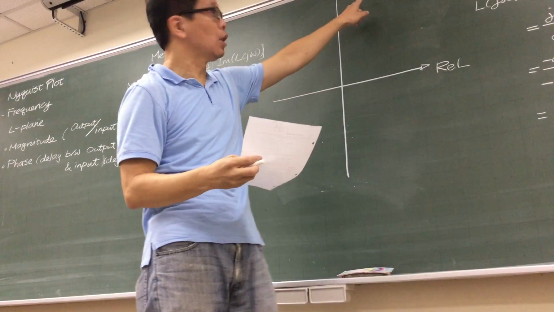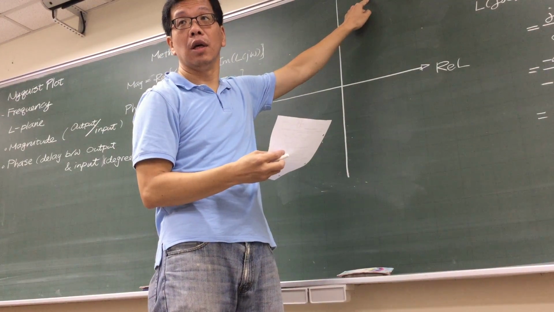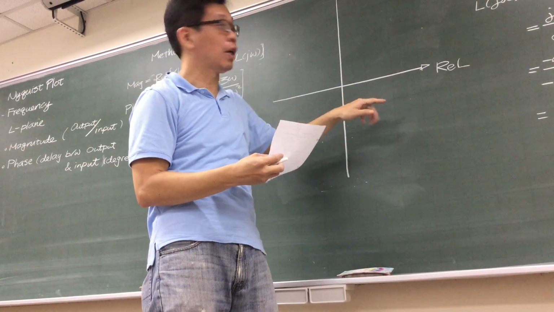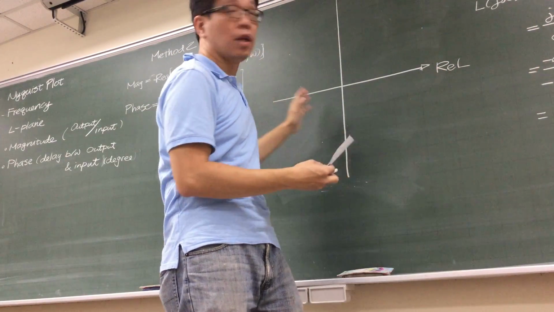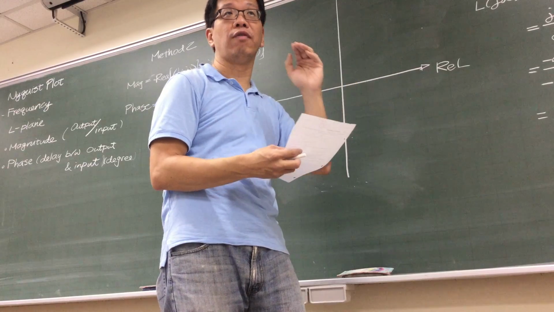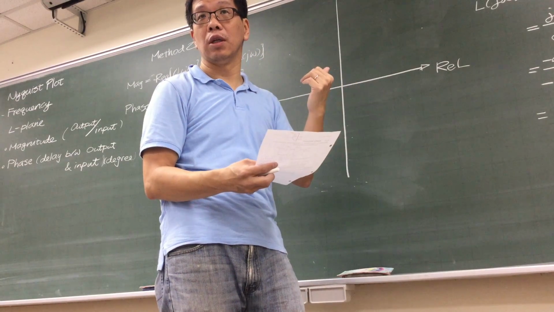So I'm replacing S with L on this plot. Okay, so I'm going to plot the magnitude and phase on this one instead of the position of pole locations on this one. Does that make sense?